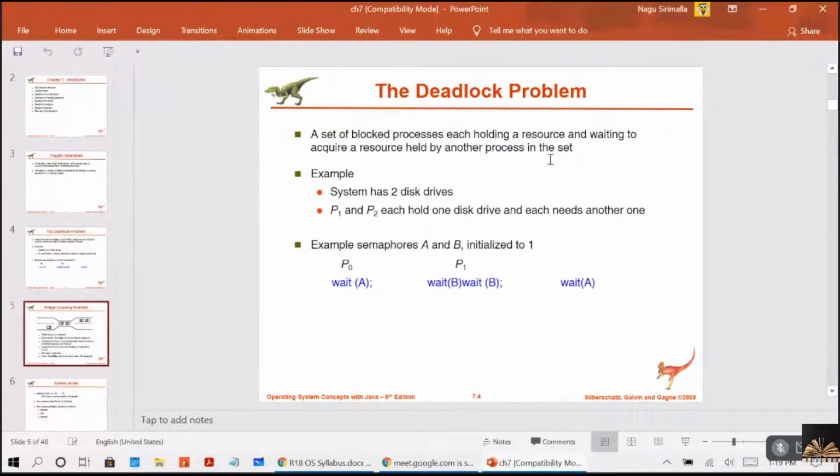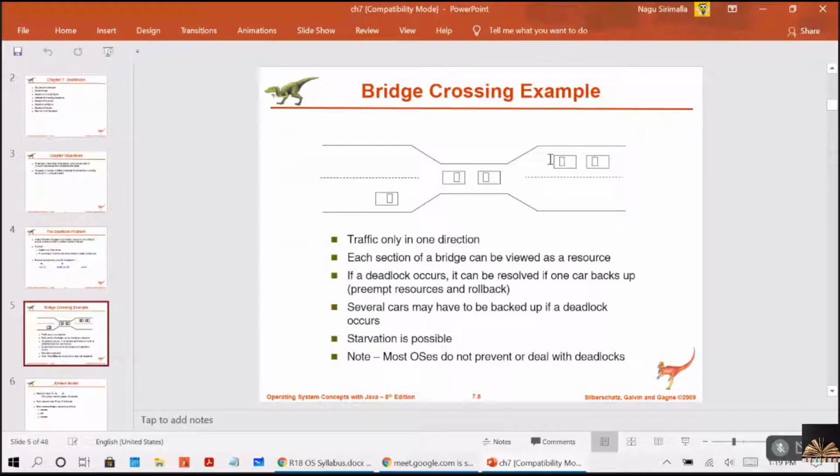In a real-time scenario, you can see a deadlock situation like this. You have a bridge where only one vehicle can pass, which means traffic is possible in only one direction at a time. But if vehicles from both directions enter the bridge, now they cannot cross, right?